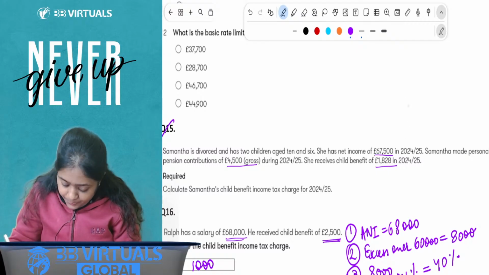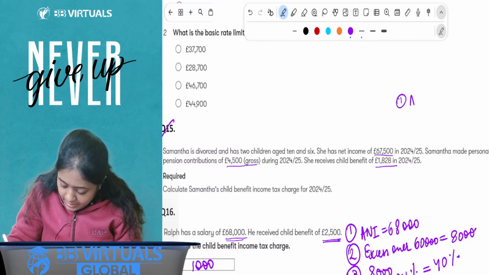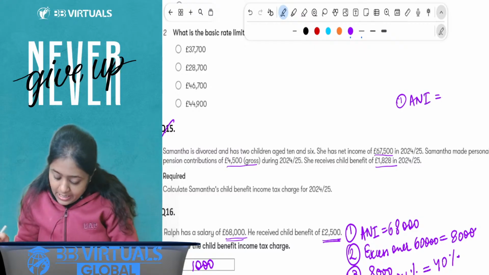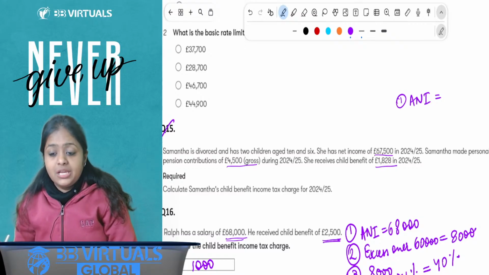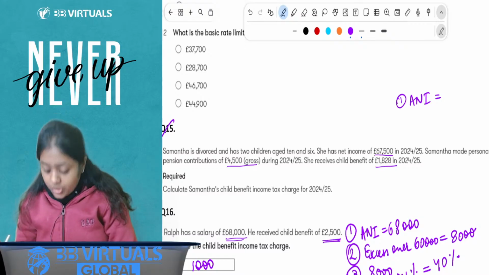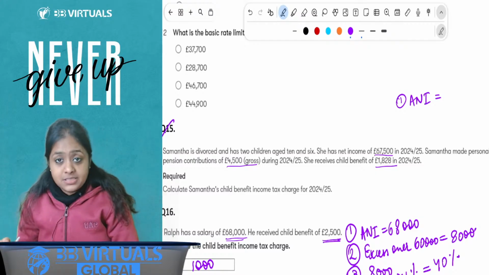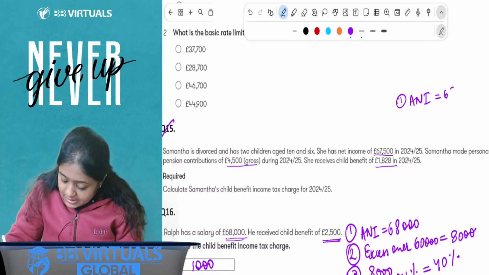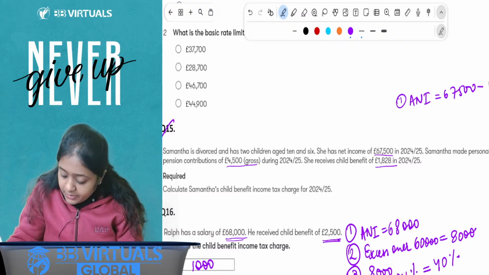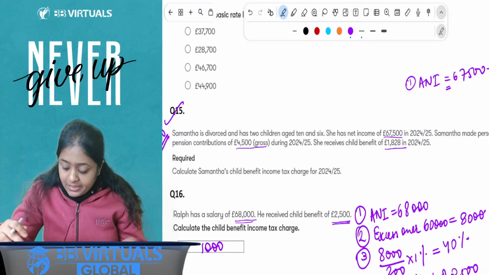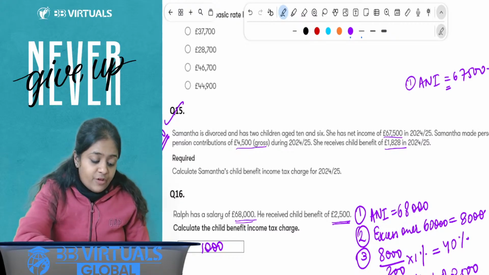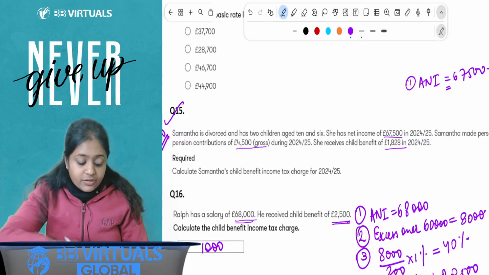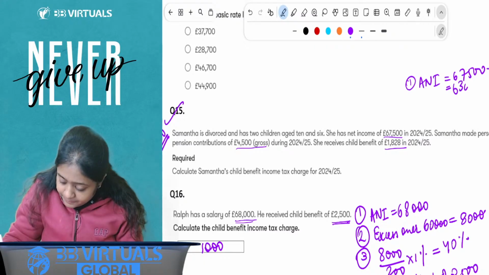First, ANI. ANI will be net income less gross gift aid donation and less gross personal pension contribution. We just have the gross personal pension contribution, so that will be 67,500 less 4,500, because gross is already given to you, which is 63,000.